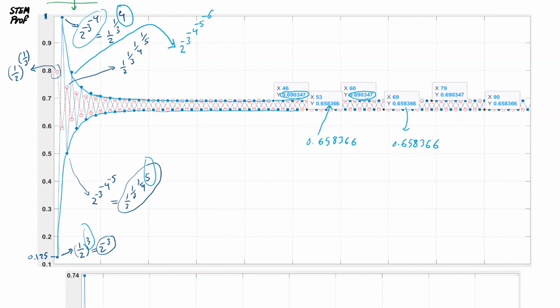We have two possible outcomes. One possible value is, so I'm going to highlight it, 0.690347. That's one possible outcome. The other possible outcome is 0.658366.